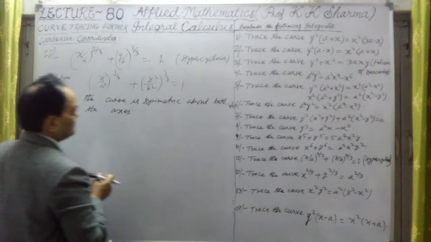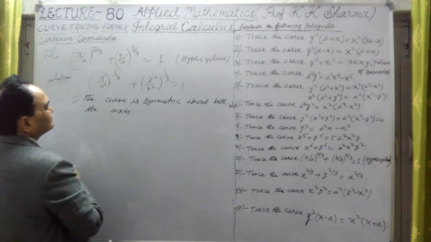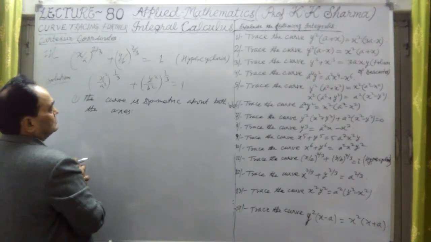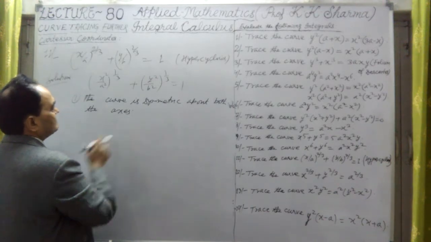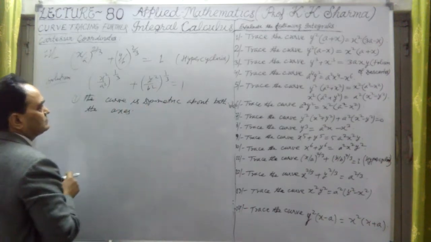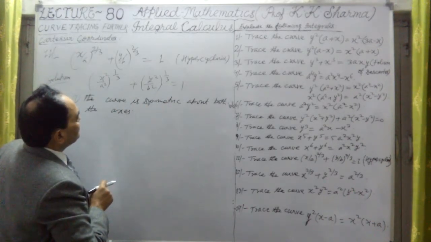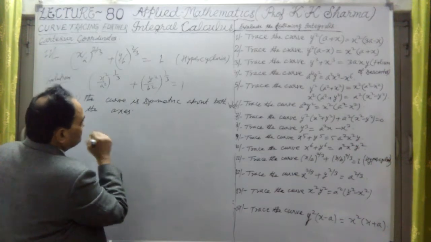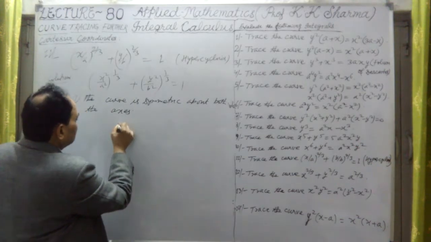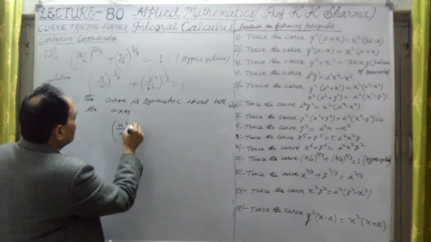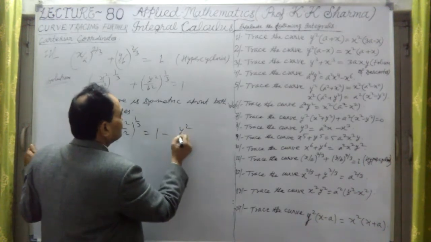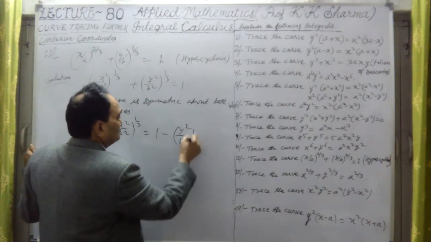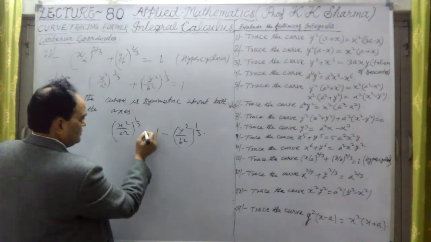So if I put y equal to 0 here, then what is the value of x? Because it is symmetric about both the axes, if I solve this equation, it becomes (x²/a²)^(1/3) = 1 minus (y²/b²)^(1/3).